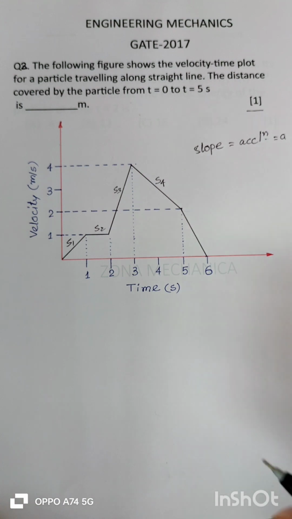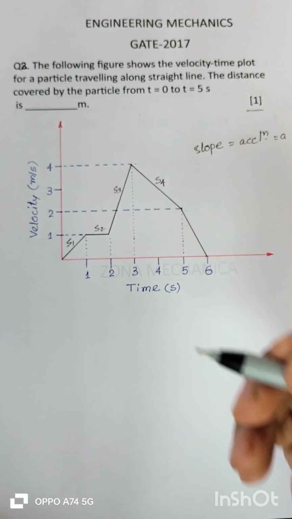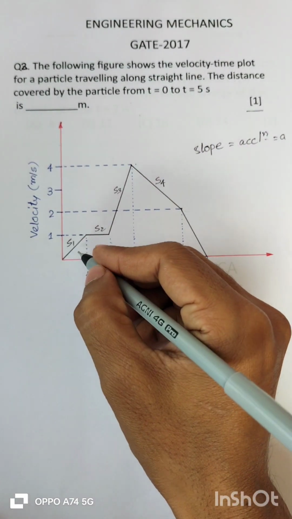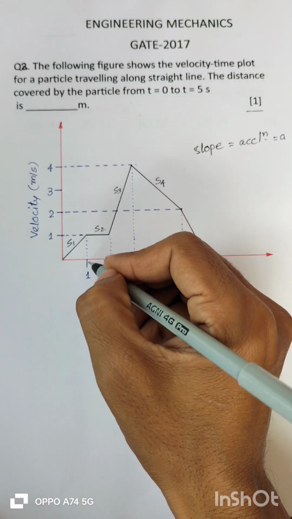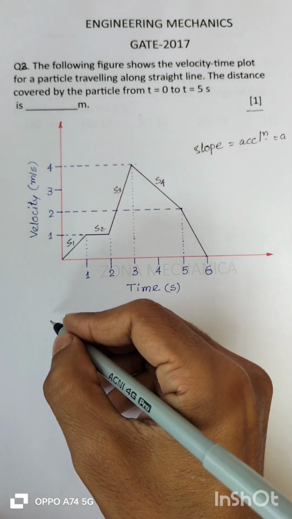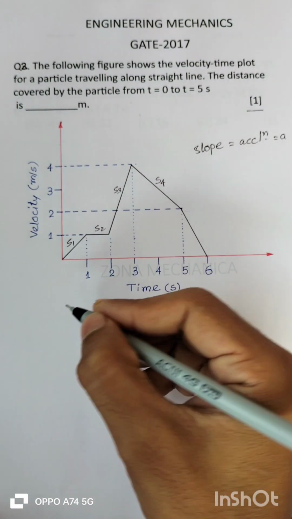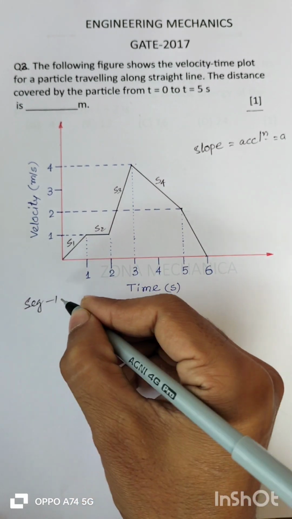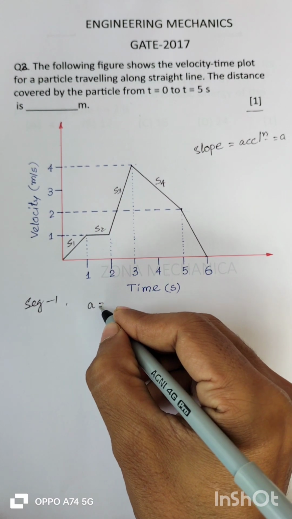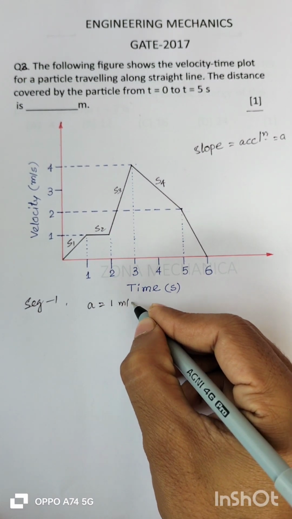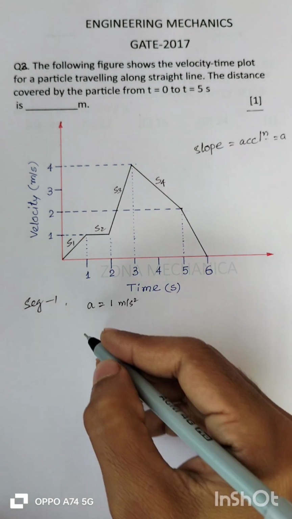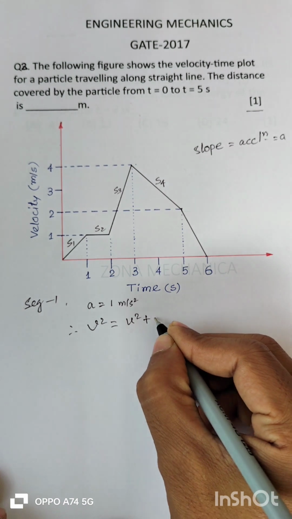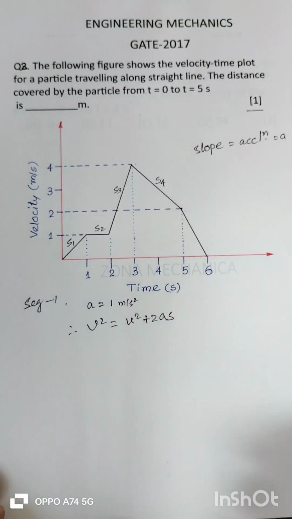Okay, so for the first segment, clearly slope is 1 by 1, right? This is 1, this is 1. So 1 by 1, that is, the acceleration for segment 1 is 1 meter per second square. v square is equal to u square plus 2as.